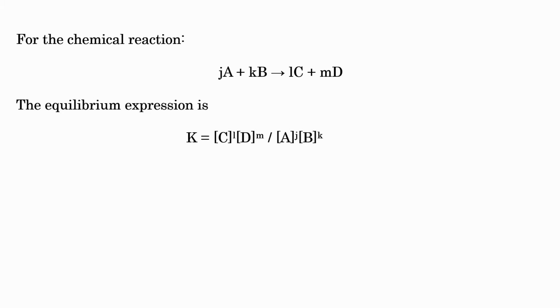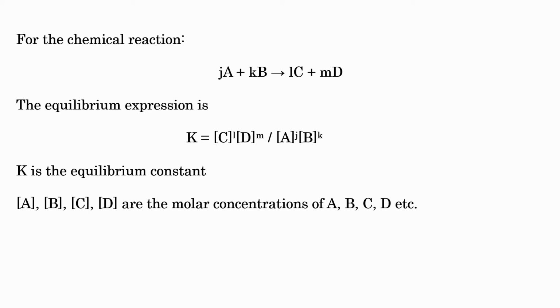In other words, in an equilibrium expression, we write K is equal to the concentration of the products divided by the concentration of the reactants, where K is the equilibrium constant.